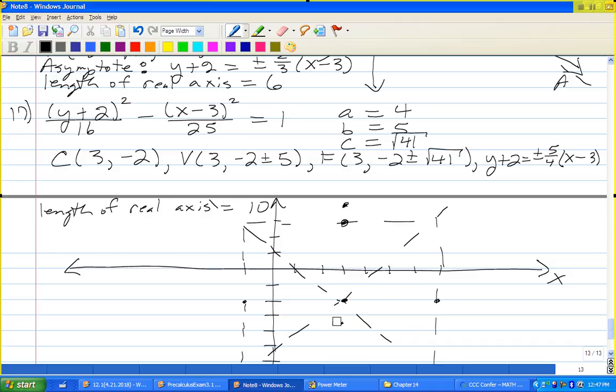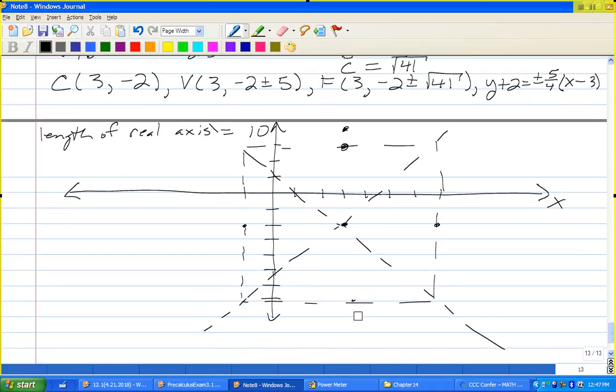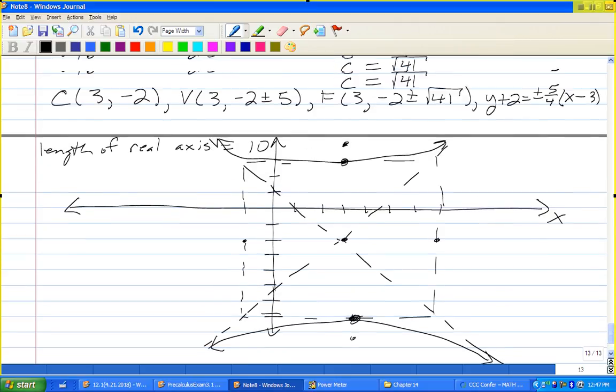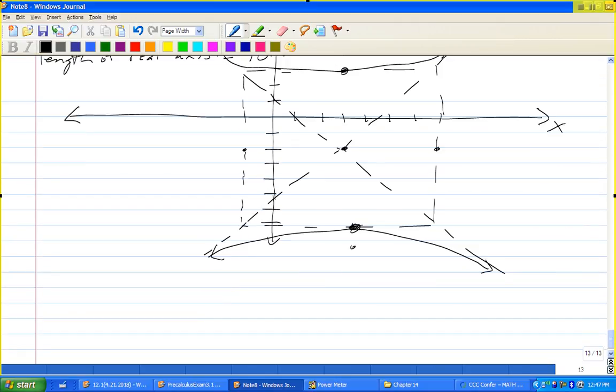Oops. So it's got to look something like this. Okay, so that's your hyperbola. And that's your answer.